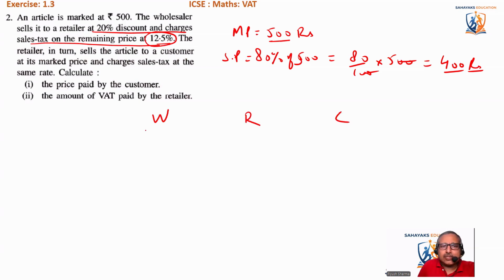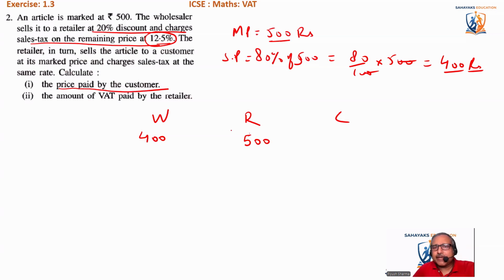So wholesaler sold it for 400 rupees plus tax. Everywhere they'll include tax. Now, the retailer in turn sells the article to the customer at its marked price. Retailer sold it for 500 rupees, what is marked on it, and charges the sales tax at the same rate. Calculate the price paid by the customer.